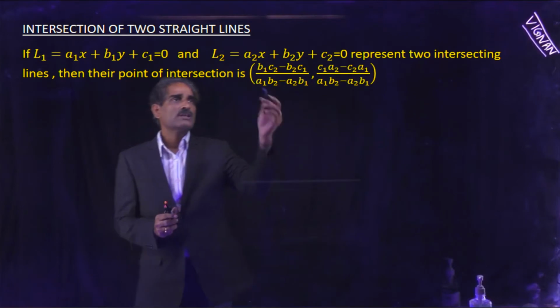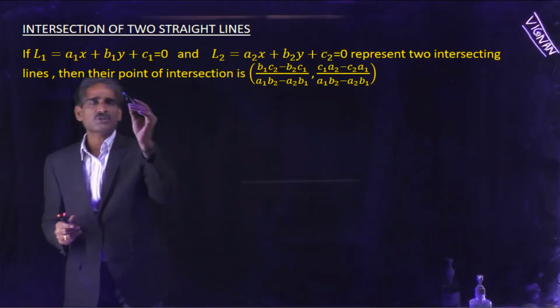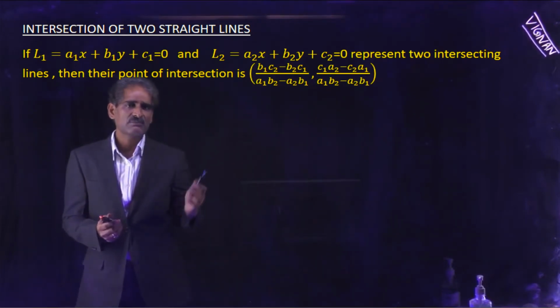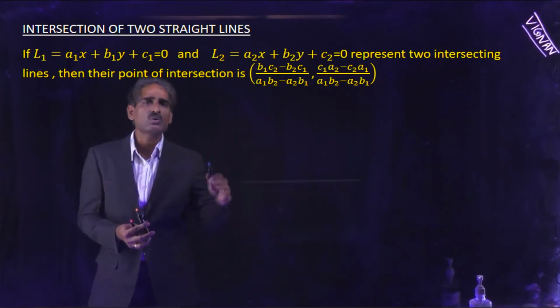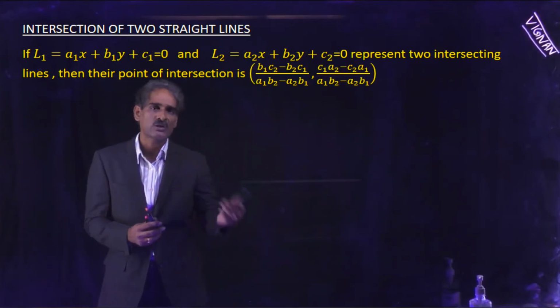The proof is not important, but it is better to know how to get the intersecting point, how to solve the lines.